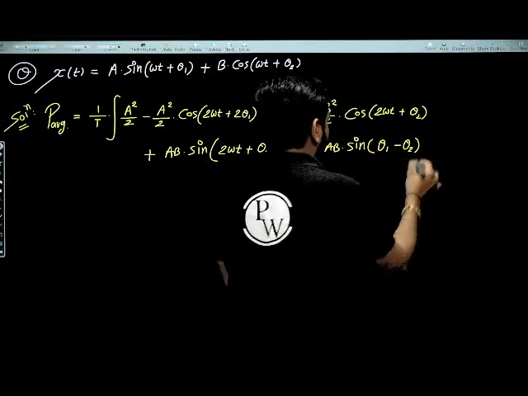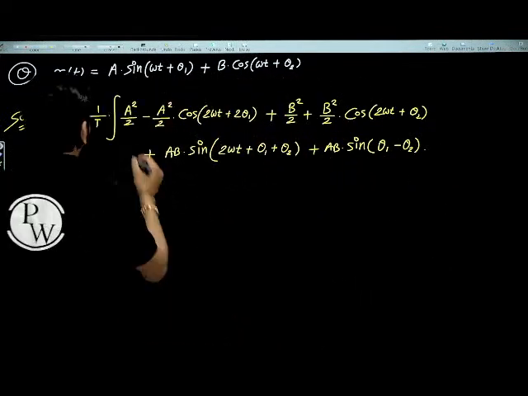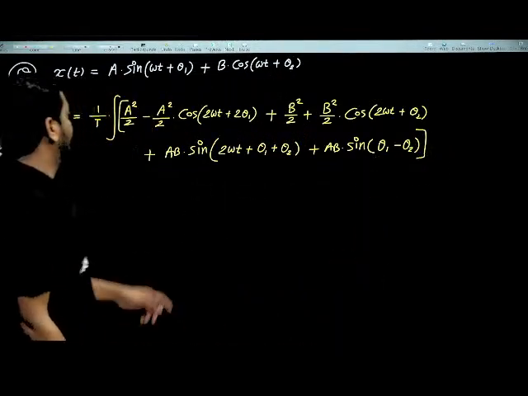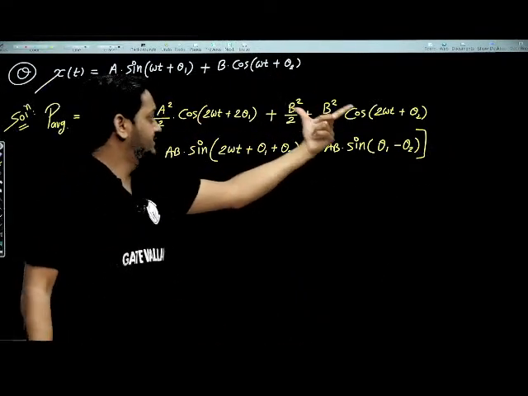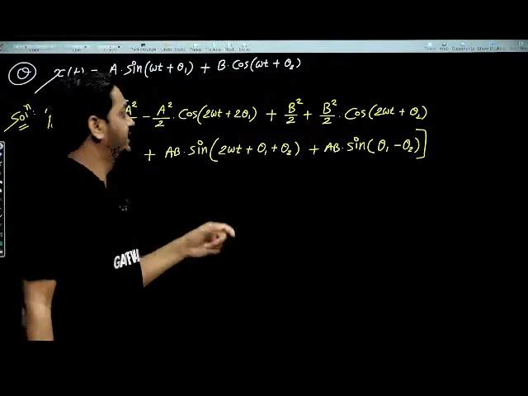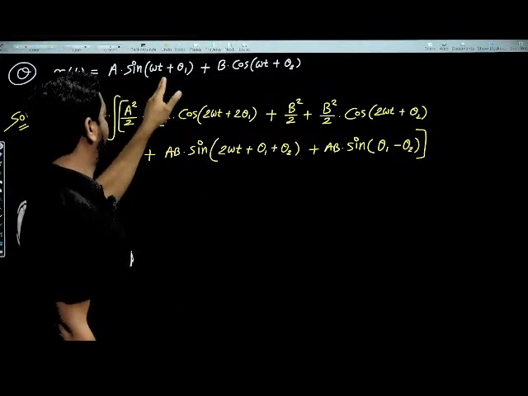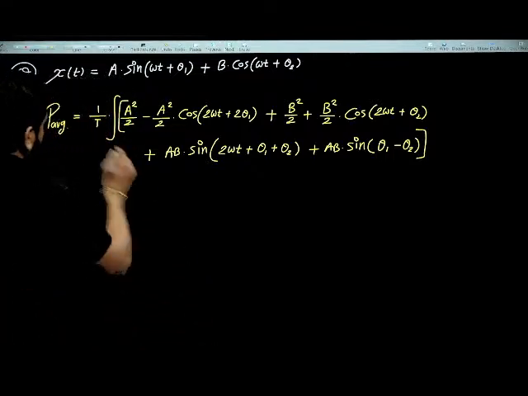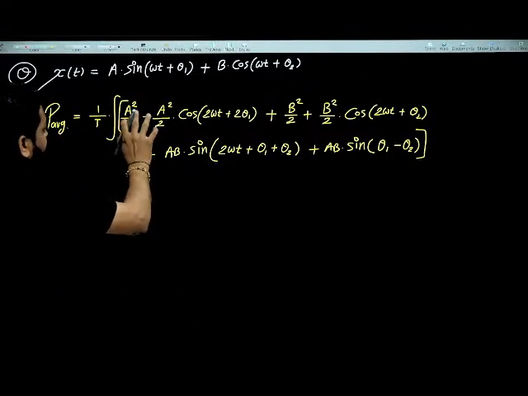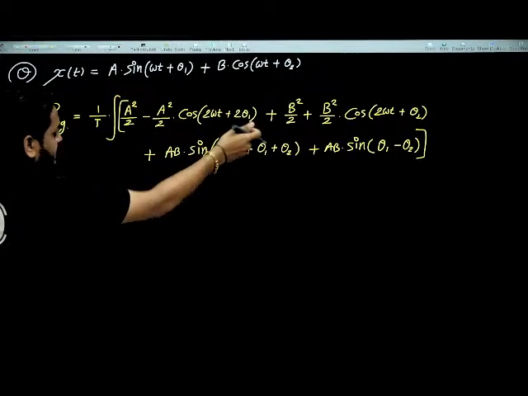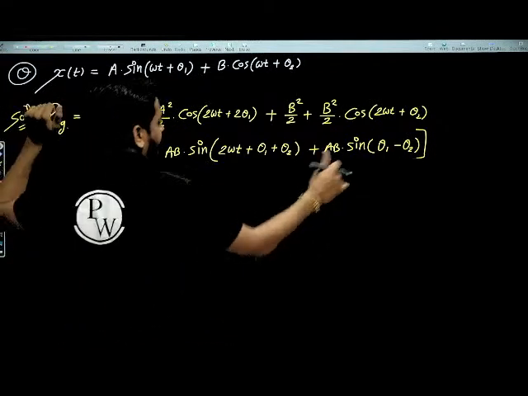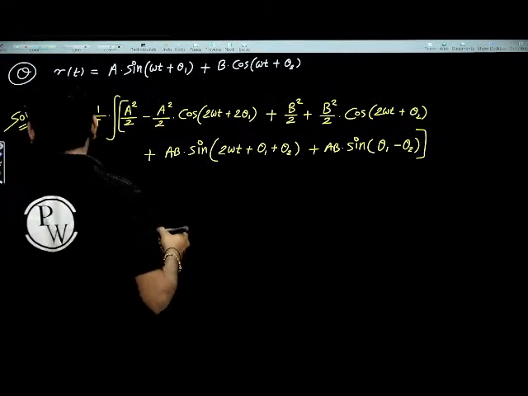So again you will get some DC here, yes or no? See, A square plus B square plus 2AB, that means 2 into AB into sin(omega t plus theta 1) into cos(omega t plus theta 2). So it will be AB sin(2 omega t plus theta 1 plus theta 2) plus AB sin(omega t plus theta 1 minus omega t minus theta 2). Now what is the answer of this integration?